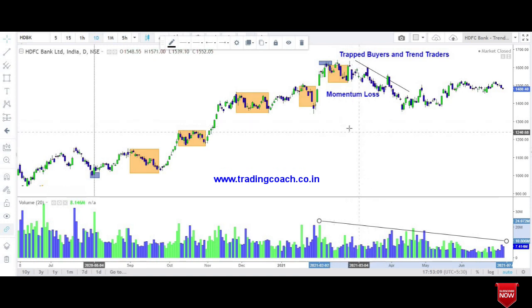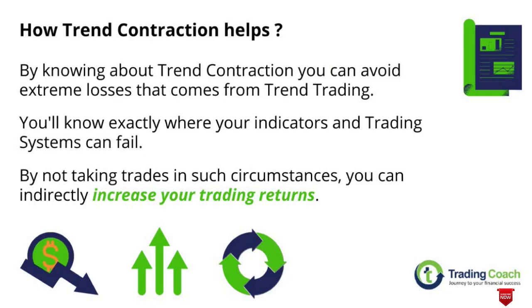This is a very interesting as well as a very dangerous price behavior, because most of the traders lose money around these points. Alright, so how does trend contraction usually help us? Well, as I said before, by knowing about trend contraction, you can avoid extreme losses that come from trend trading. And you will know exactly where your indicators and trading systems can fail.